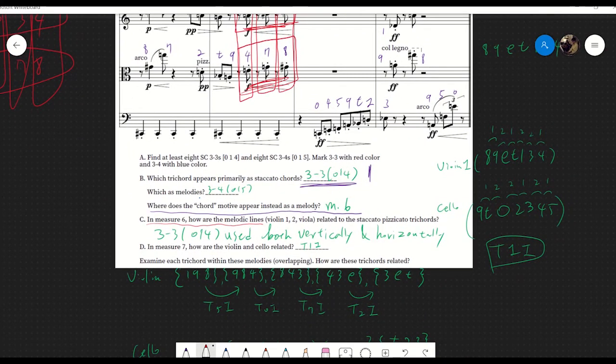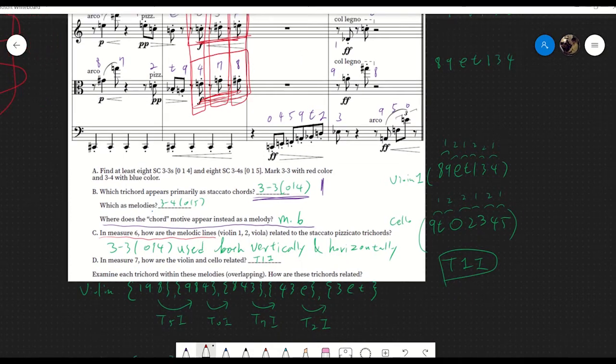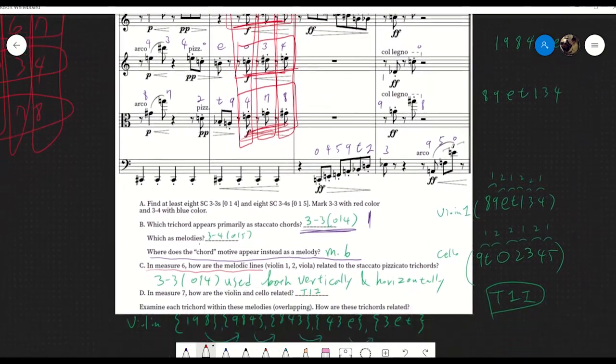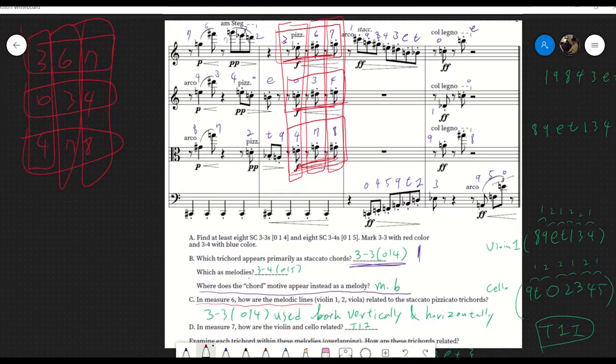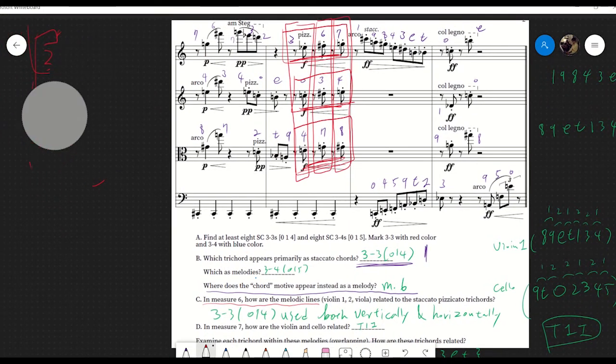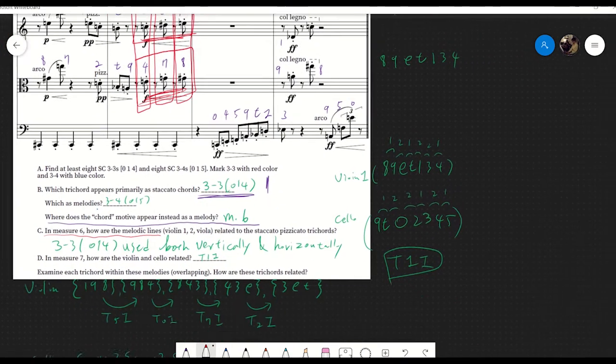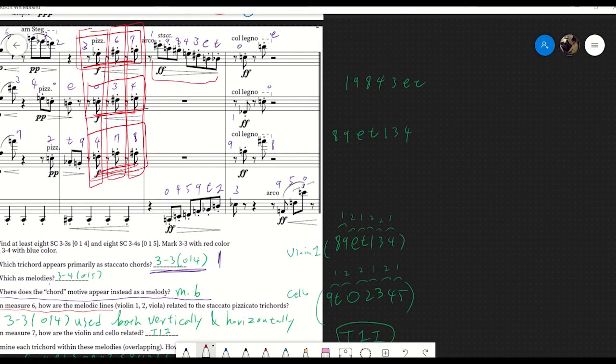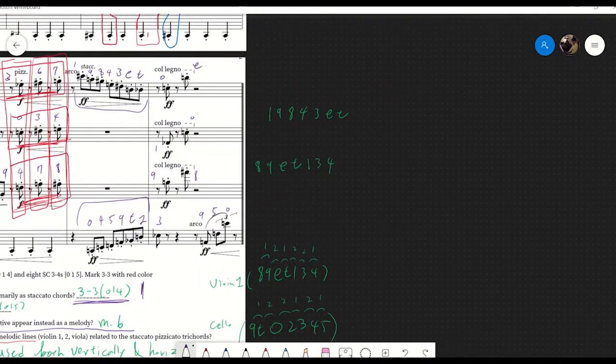In measure 7, how are the violins and cellos related? Not everybody answered this correctly, so let me go through it quickly. What you need to do first is to use different colors and put all these notes in normal order, which is this.